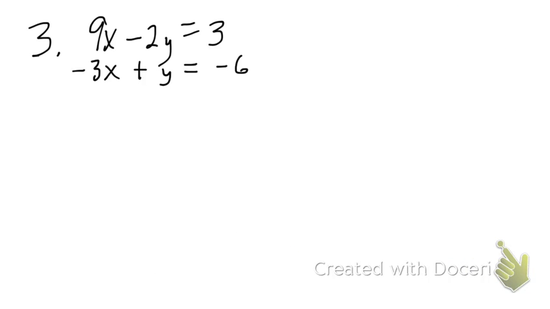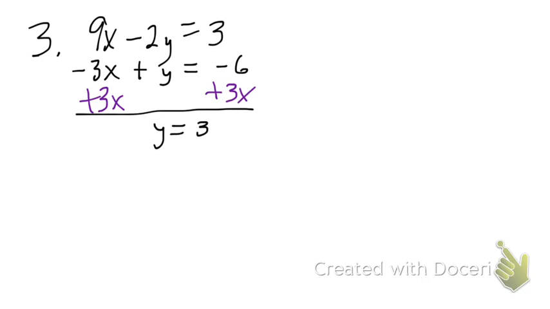Alright, so we've got 9x minus 2y equals 3, and negative 3x plus y equals negative 6. Now notice this problem's a little different. We don't have either of the equations solved for x or y. But if you look at the second equation here, it would be pretty easy to solve for y. So we're going to do that.